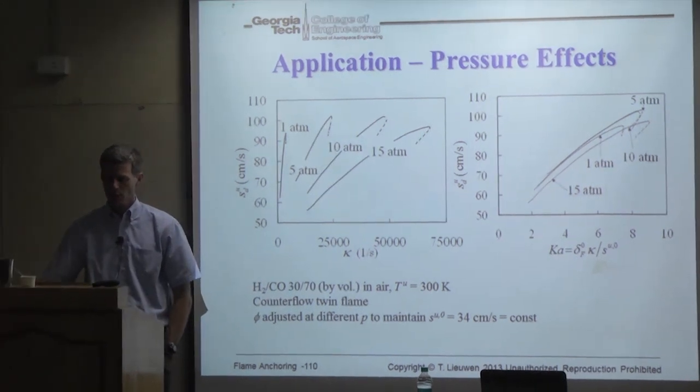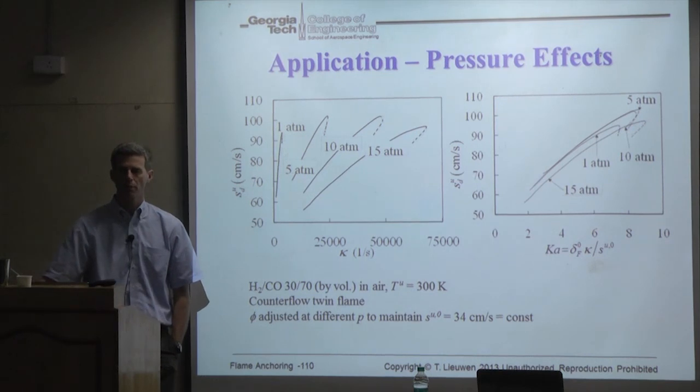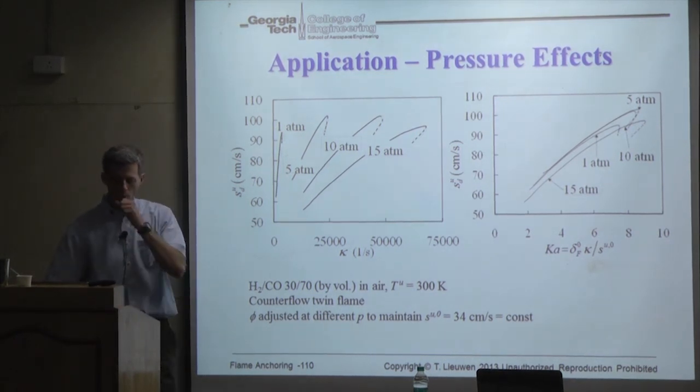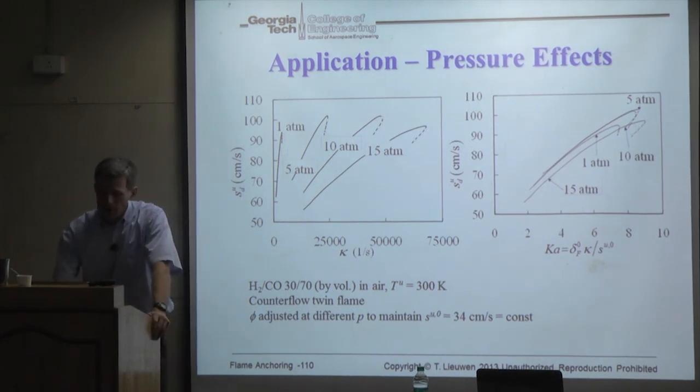Well, what's happening to the Markstein number? You notice how the dimensional sensitivity of the flame to stretch is dropping as you go up in pressure. Why do you think that's happening?